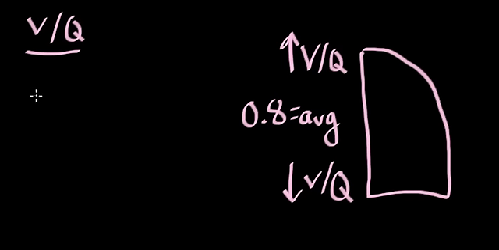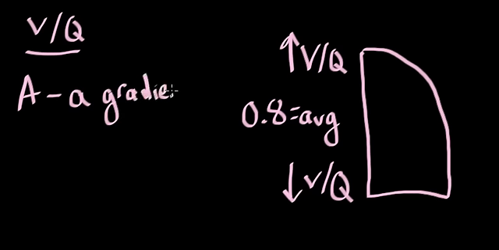And in class, we talked about the alveolar arterial gradient for oxygen. Big A being the alveolar concentration, and little a being the arterial concentration of oxygen. Now we can measure the little a through an arterial blood gas. The big A is really a theoretical concept, since we can't go into the alveolus and measure the concentration of oxygen because that would be very invasive. We calculate the big A based upon several factors, including the inhaled concentration of oxygen.